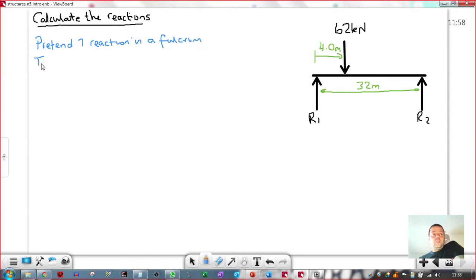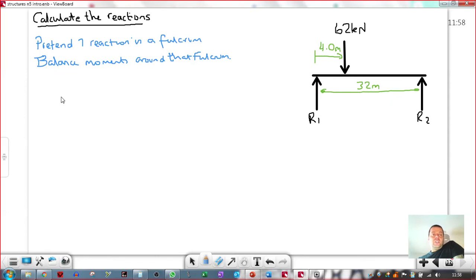Balance moments around that fulcrum, and that way you calculate the unknown reaction.